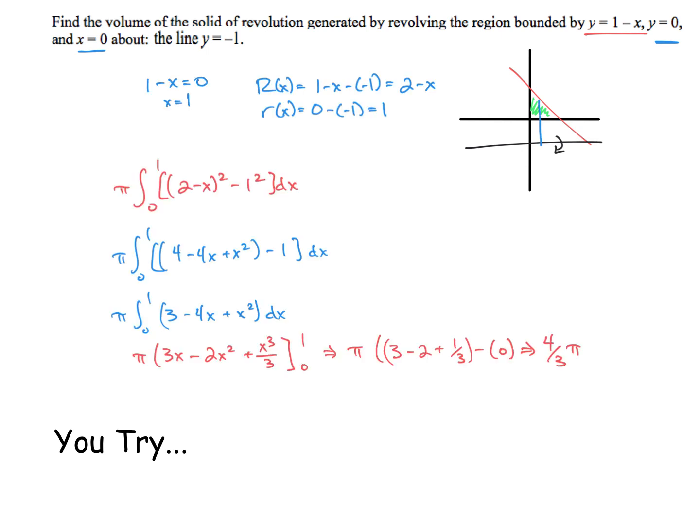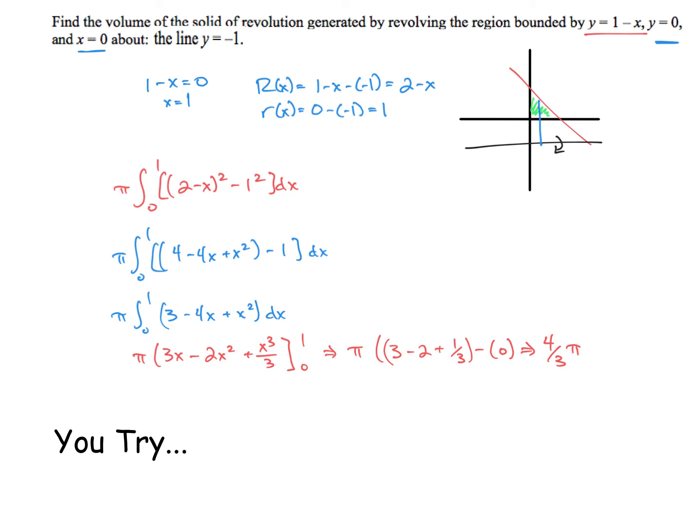We needed to find our intersection, so we set 1 minus x equal to 0, setting my y's equal to each other. Now I know it's from 0 to 1. Then we find our big radius, top minus bottom: 1 minus x minus a negative 1, which simplifies to 2 minus x.